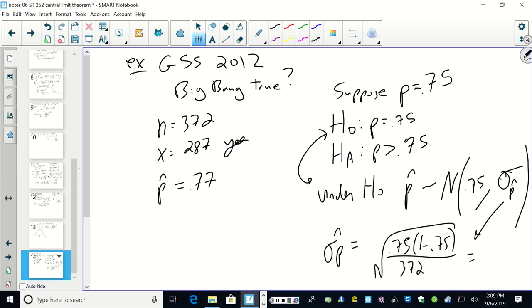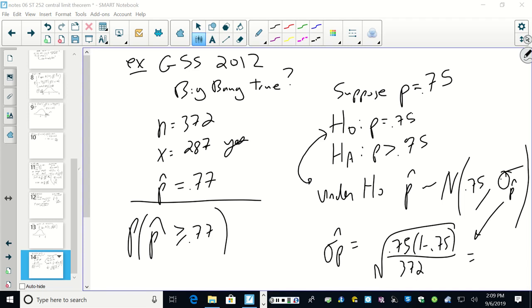Do I know that number? Not exactly, so we'll have to calculate that. But then I can calculate the probability that p hat is greater than or equal to 0.777. Once I know the normal distribution, then I can calculate the probability that we're greater than or equal to that, and that's the tail area, that's the p-value. P is getting used a lot in this.